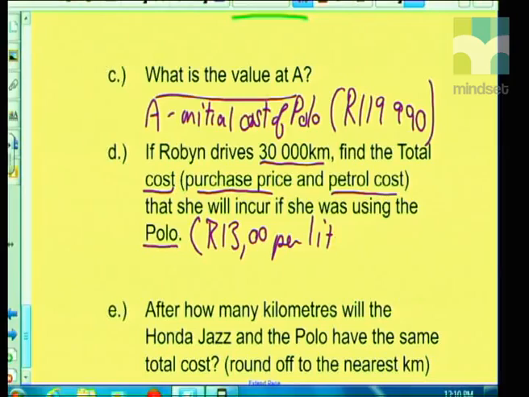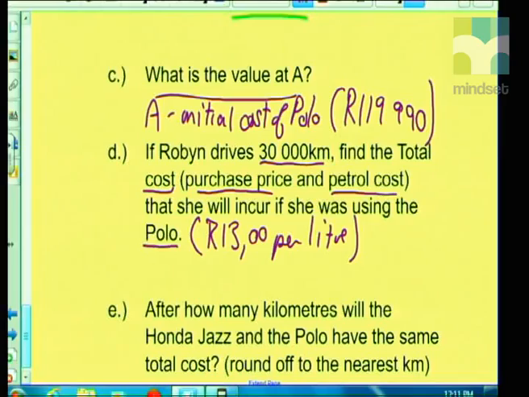So if you are looking at this broadcast and the price of petrol has changed, you can fill in your own numbers. I want you to be able to do that so it becomes relevant for you. But what you'll notice is that the answers and the comparisons will be the same, whether we're dealing with the Polo or the Jazz, because the fuel consumption is staying the same. The final figure will be different, but let's take it at 13 Rand per litre.